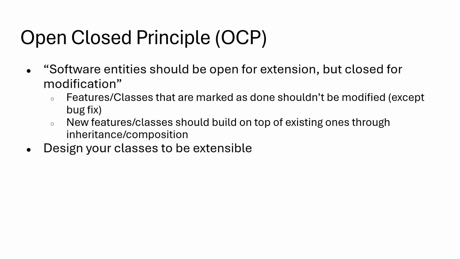I think inheritance is the more common way to do it, and we'll go through one of the examples. But this principle basically motivates you to design your class to be as extensible as possible, so you will be able to add new features without having to change your current code.